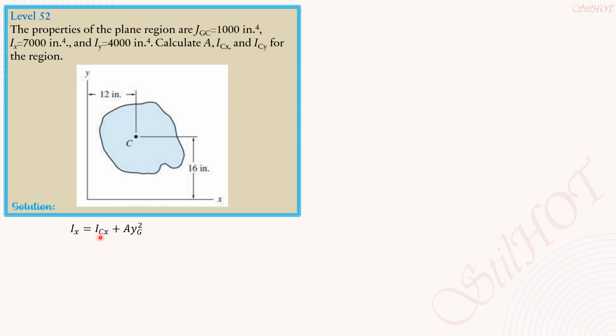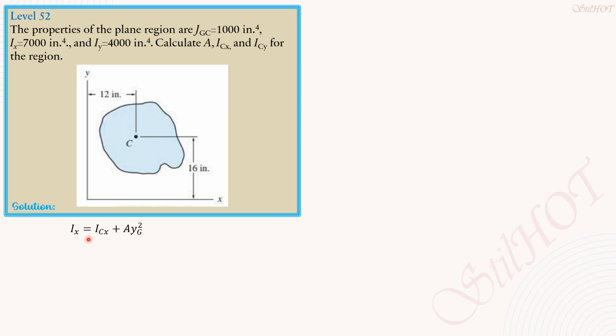We have two unknowns here, Icx and area. Then for Iy, we have two unknowns again, Icy and area. Then if we reinforce the third condition, that J sub GC is 1000 and 1000 is Icx plus Icy, adding the equations established, then we can compute the area first. And from there, we can solve Icx and Icy.